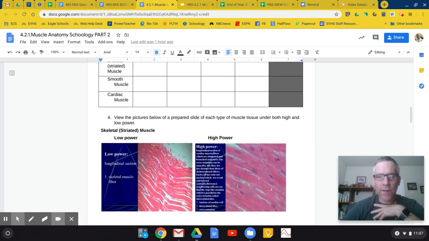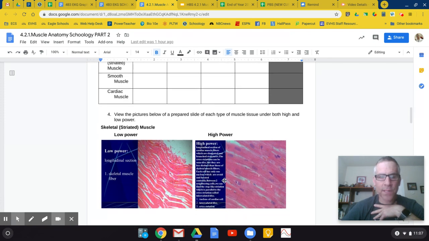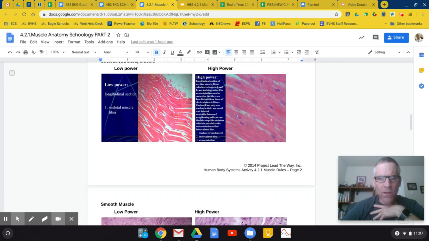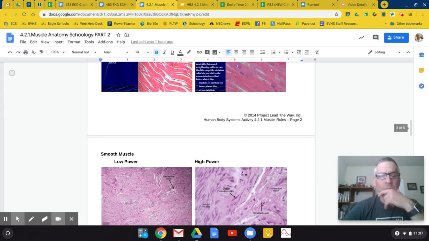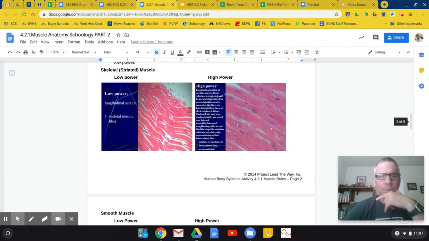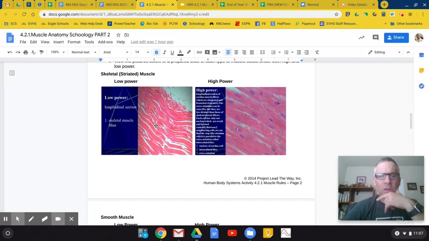I covered a little of the histology by looking at these cells down below and seeing what we could tell similarity and difference-wise between skeletal, smooth, and cardiac muscle. What we should see with skeletal muscle, and it maybe doesn't come through as super clear as it should here, is parallel bands.